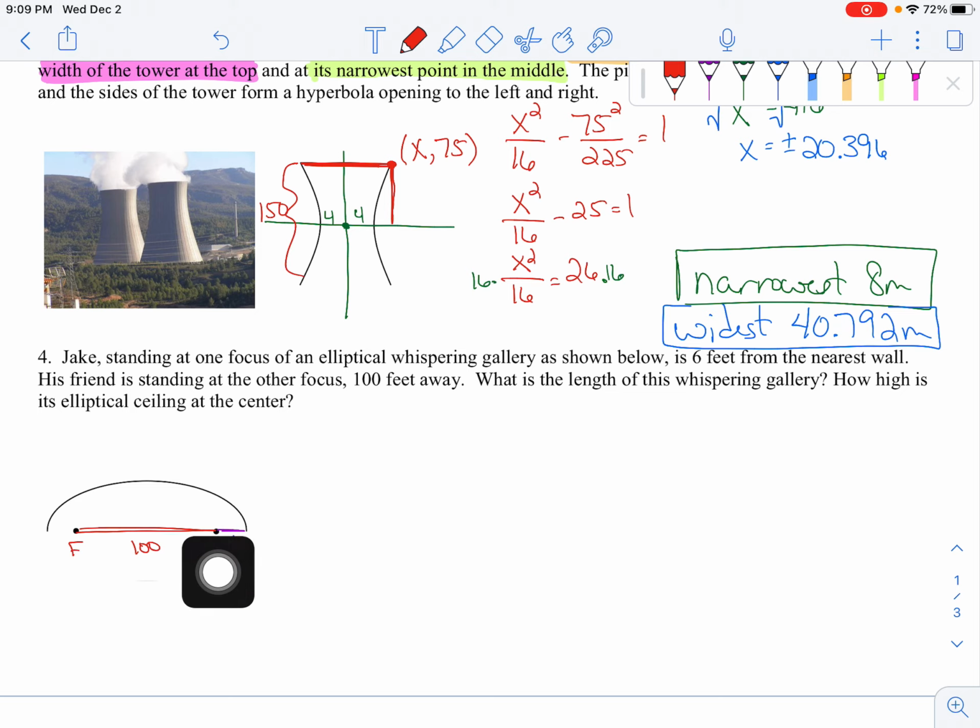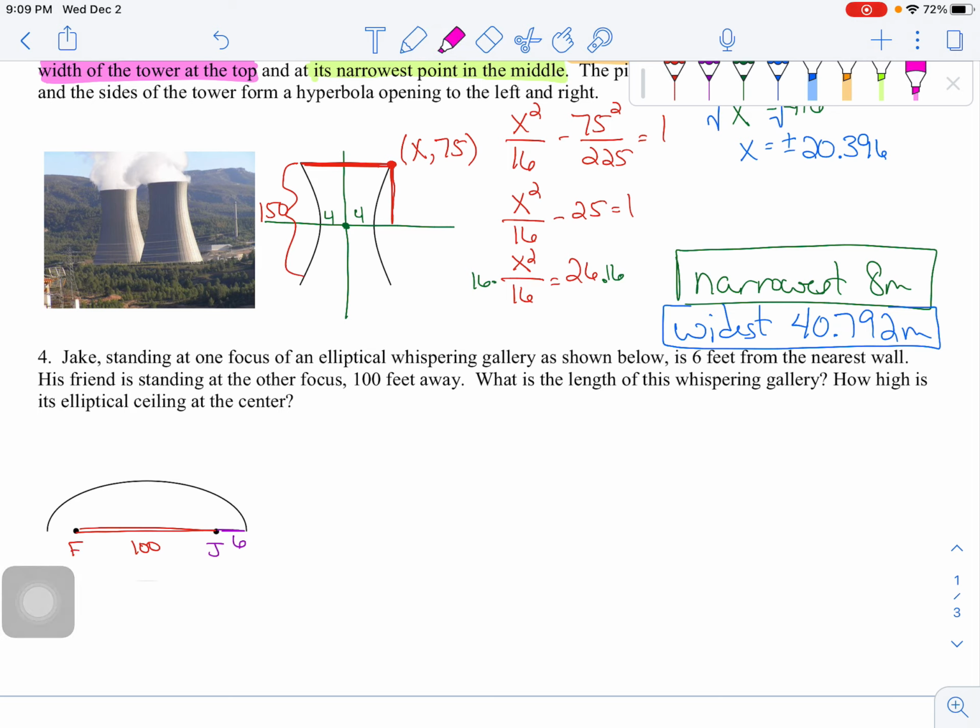And it's called a whispering gallery because if you stand at one of the foci and you whisper something, the person who is standing at the other focus point will clearly be able to hear you, even though you are, in this case, 100 feet away. Because of the way sound waves travel, they would bounce off. So from this focus, they would bounce off the wall and bounce over to the other focal point.